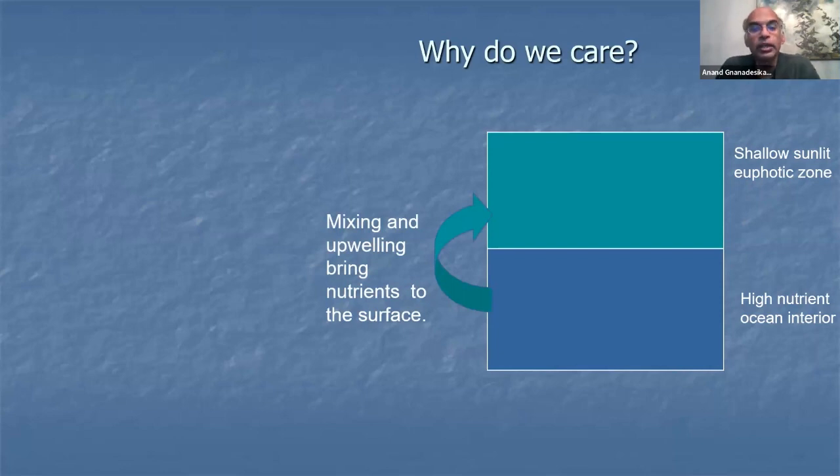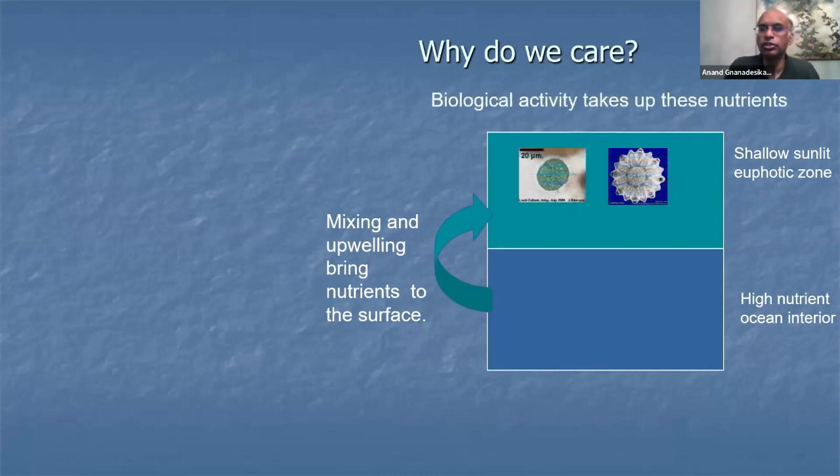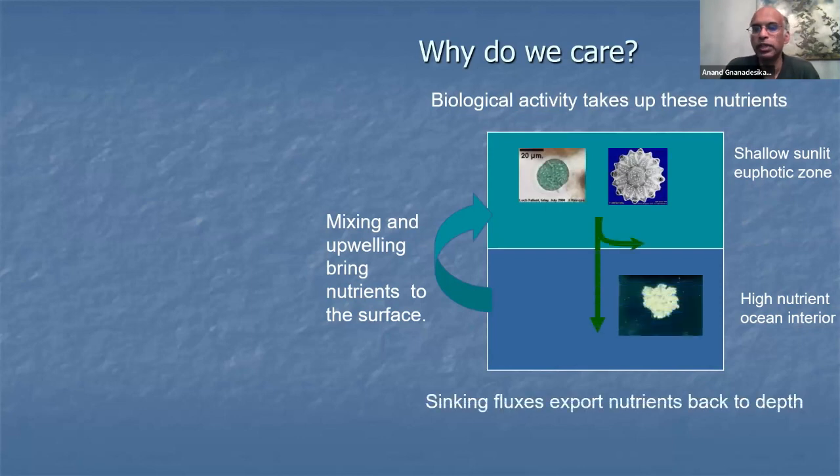Mixing and upwelling bring nutrients to the surface. So the ocean plants have a very different problem than land plants. If you look out the window, ICTS, I assume you will see trees. The leaves from those trees fall on the roots of the plant, and so the plant can recycle its own nutrients. In the ocean, biological activity takes up nutrients that are brought to the surface, but then when it sinks, it removes that nutrient from the shallow sunlit euphotic zone.